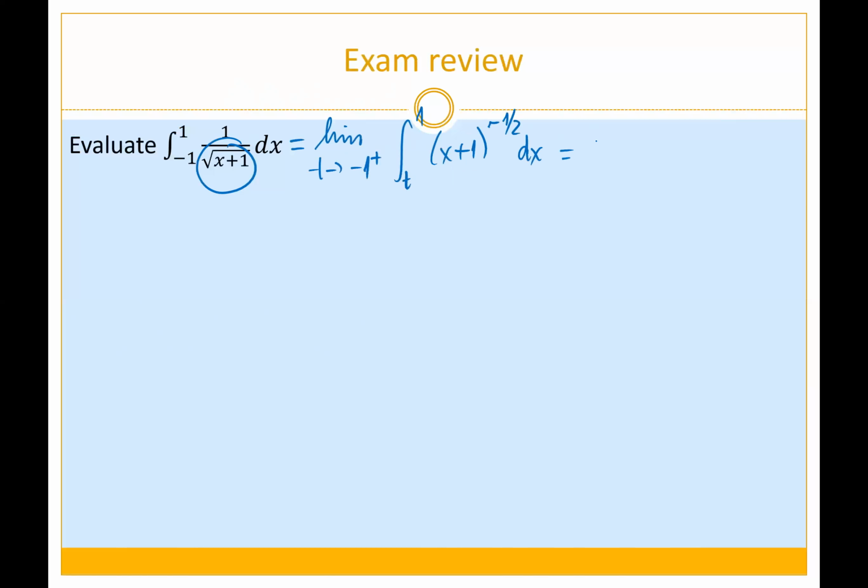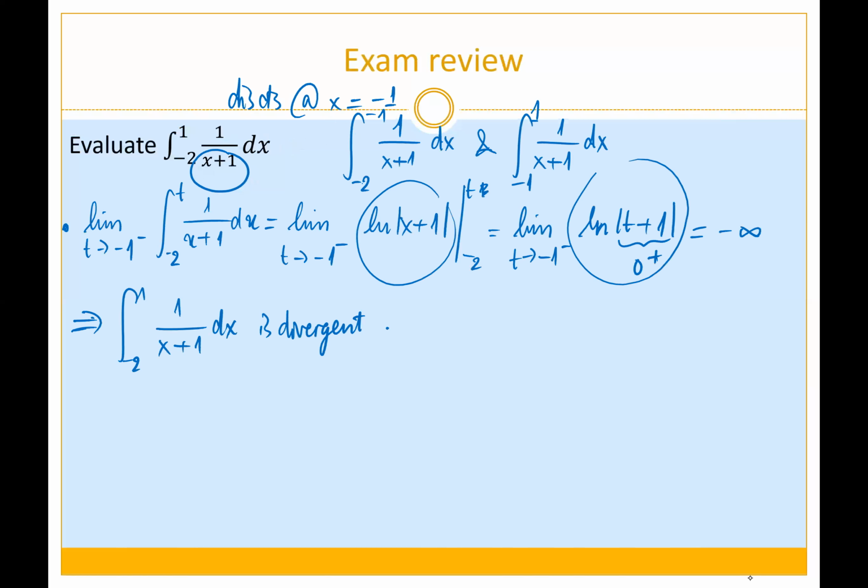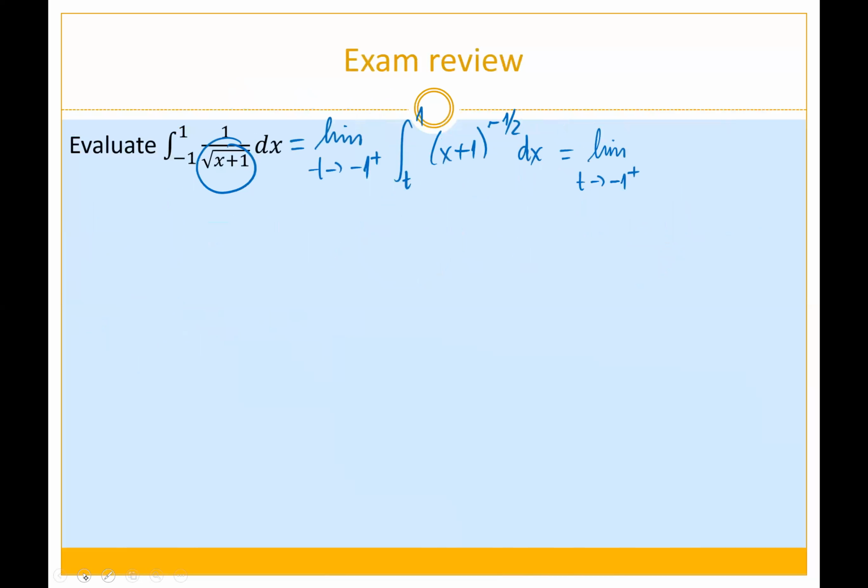Now, if you want to take the integral of this, you're going to have 2 times x plus 1 to the half, and then you go from t to 1.